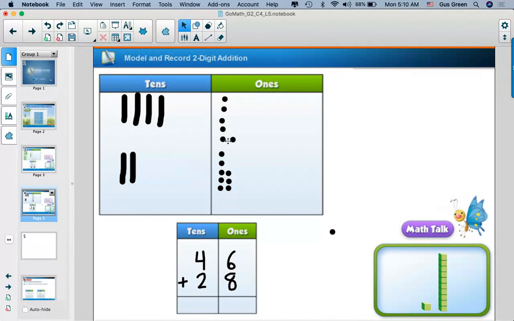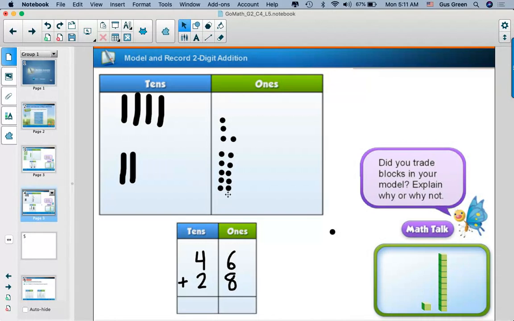I've got a set of 6 ones from 46 and 8 ones from 28. Can I move a couple of them to make another 10? And it looks like there's 2 spots right here that would fill in for a 10. So if I just take these 2 right here and pull them down, now I've got another 10.